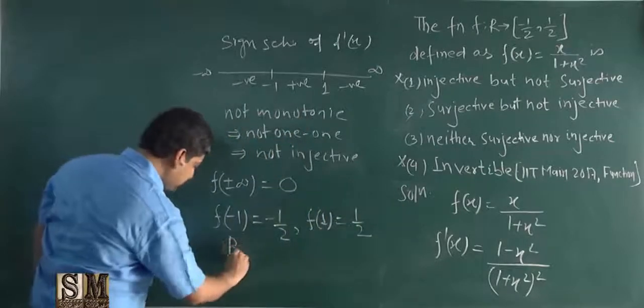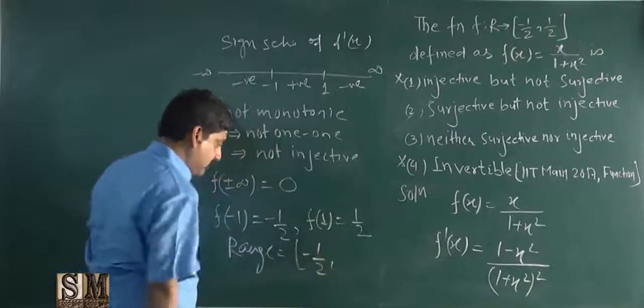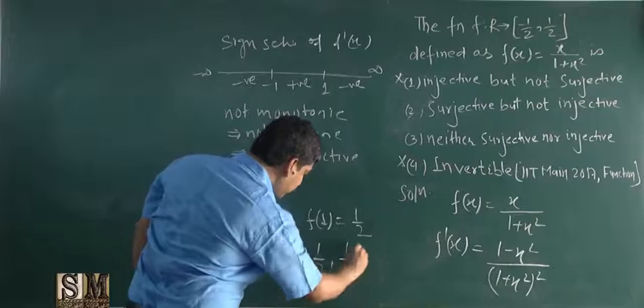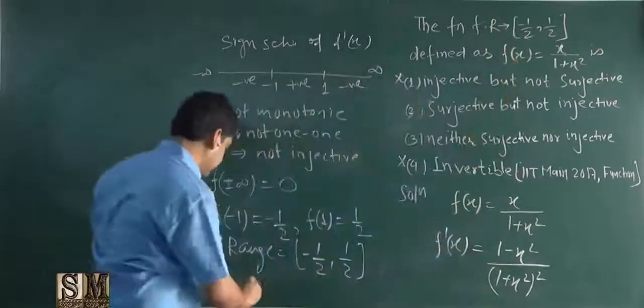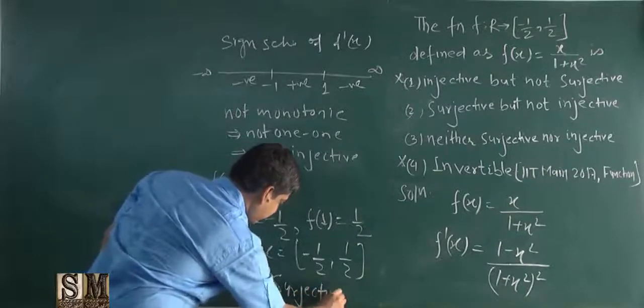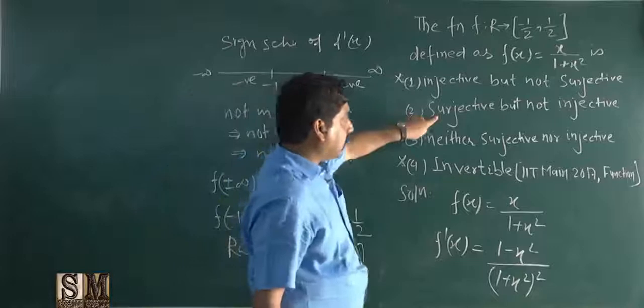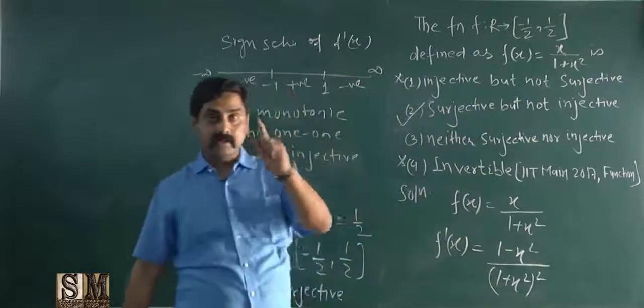So, what is the range? The range is minus 1 by 2 to 1 by 2, same as the codomain. So the function is surjective. This is surjective but not injective. This is the correct answer.